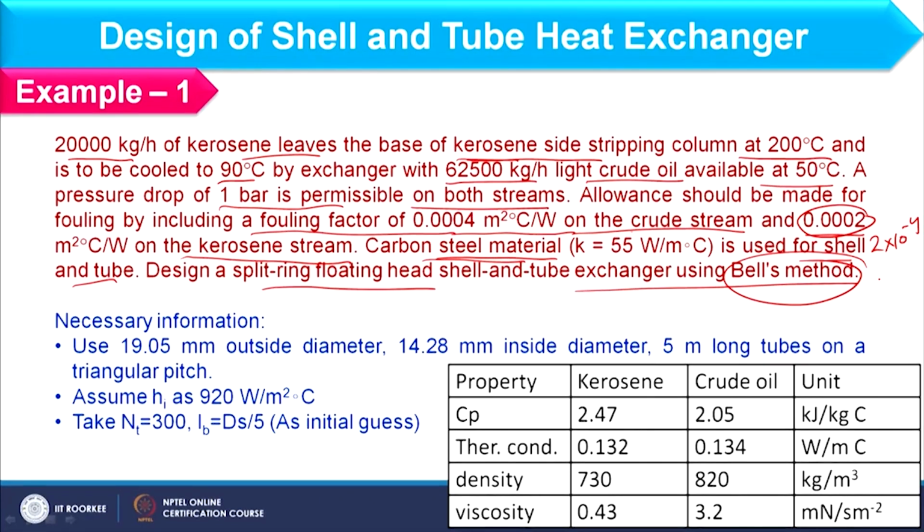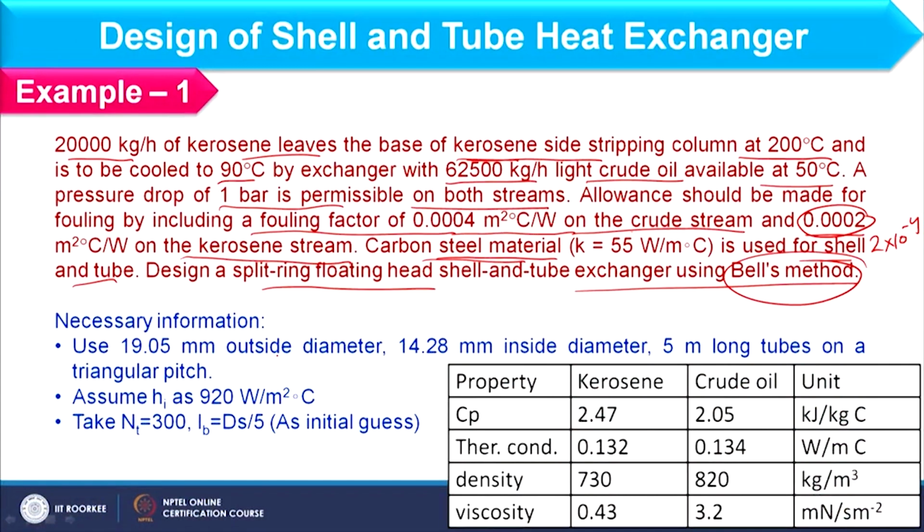And here we have some more information, like tube dimensions are given, where the OD of the tube, ID of the tube and total length of the tube are given along with the pitch and arrangement, and that is triangular pitch.